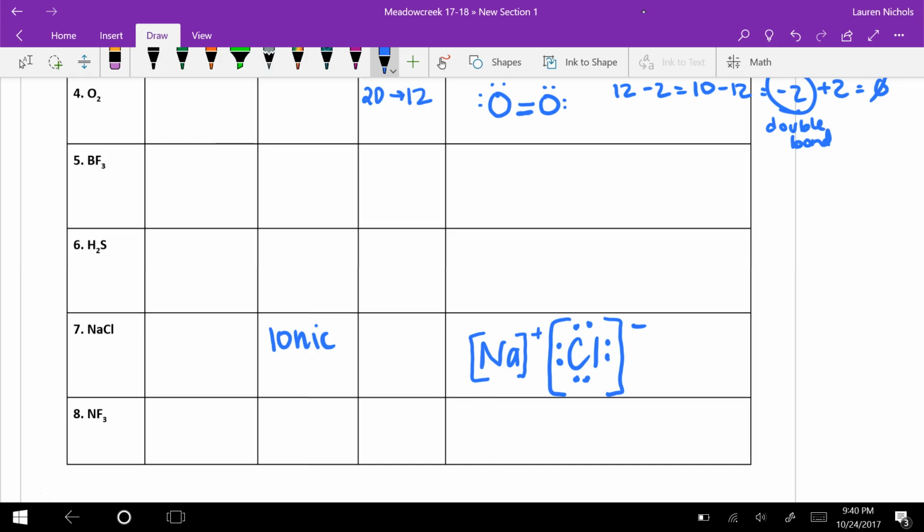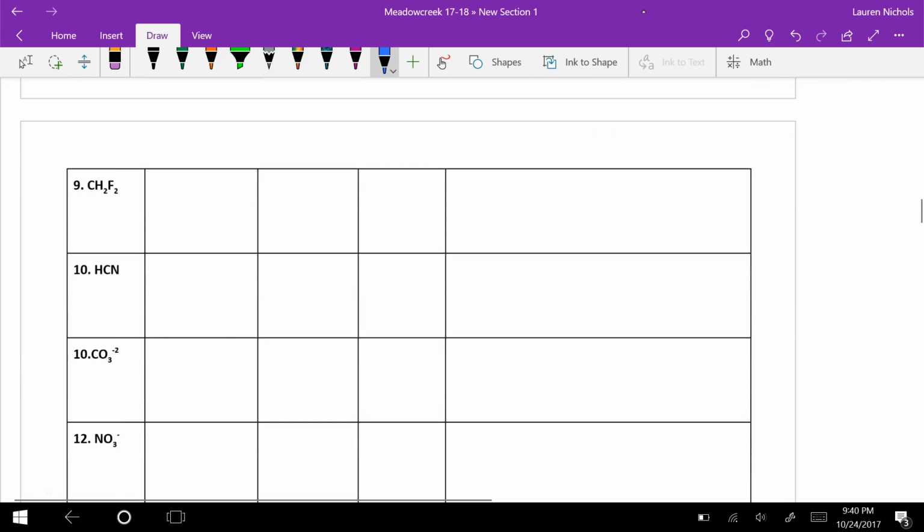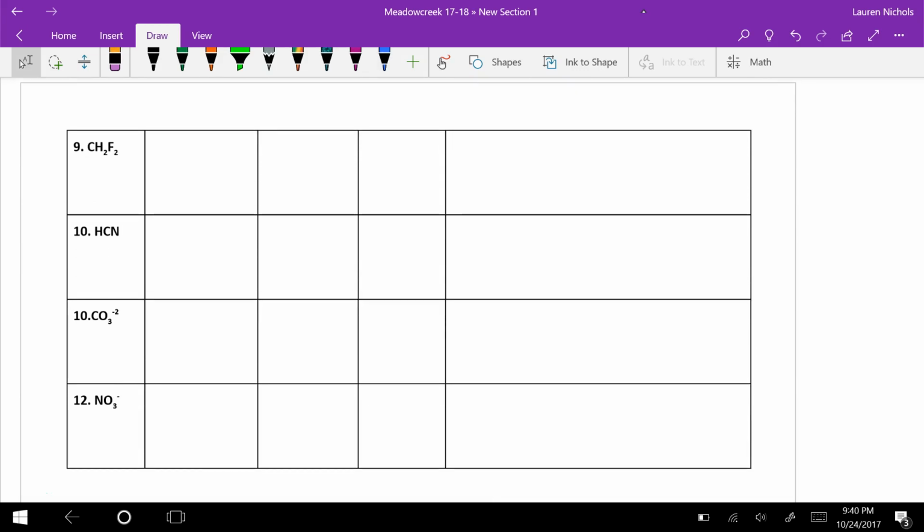And then in the next problems, in number 11 and number 12, we see that there is an overall charge to the molecule. So this means we would add 2 additional electrons to the bank.